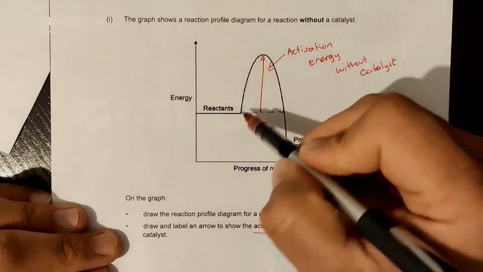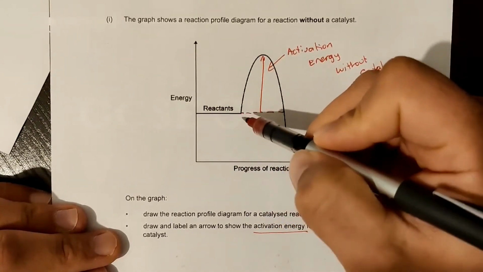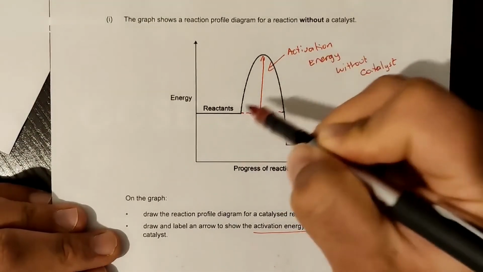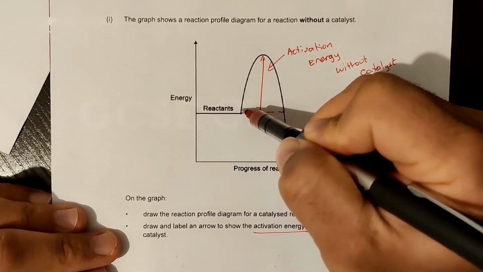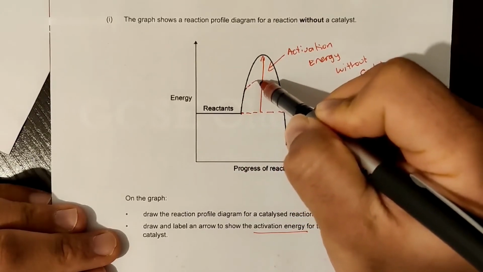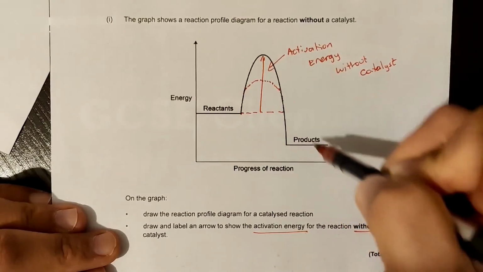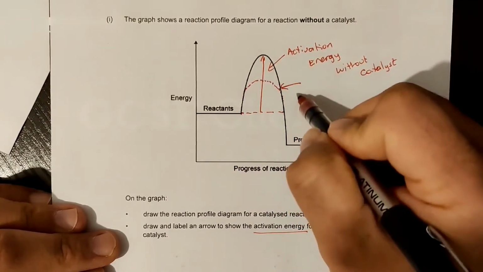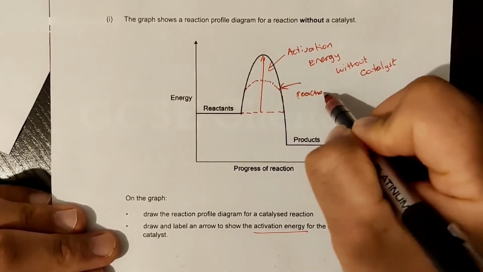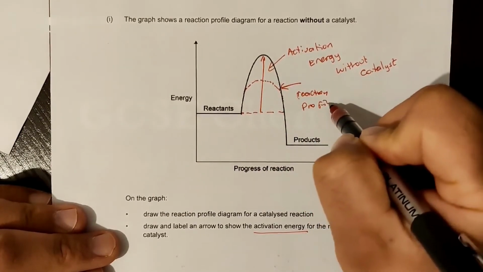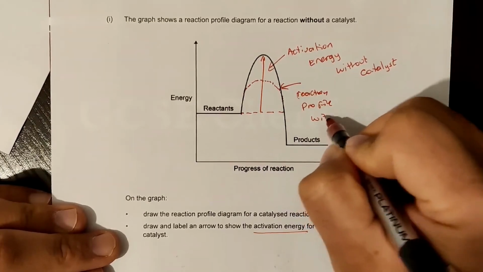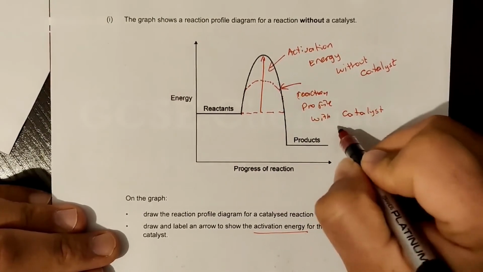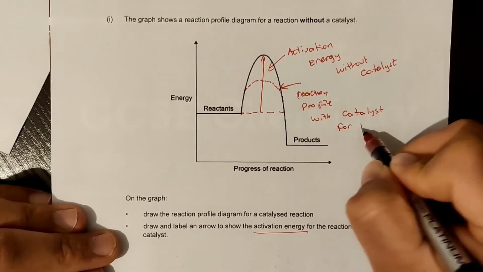So for the reaction profile with the catalyst, that means that this slope is just going to be a little lower. That's what that means. So that will be your reaction profile with a catalyst for the activation energy.